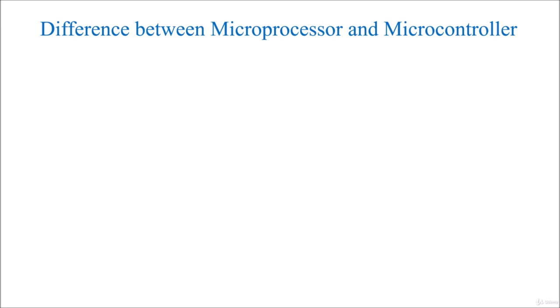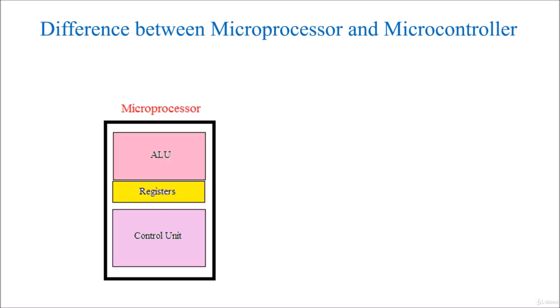Let us understand the difference between microprocessor and microcontroller. Microprocessor has central processing unit, that is CPU. The CPU consists of arithmetic logic unit, that is ALU. Along with this ALU, there are few registers. Accumulator is generally associated with ALU. These registers are used to store data. This CPU also has a control unit.